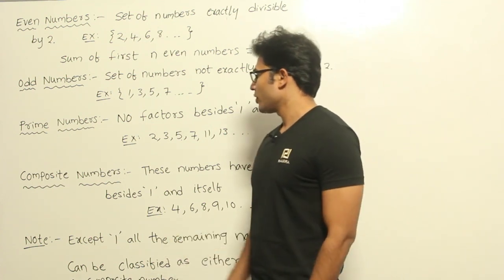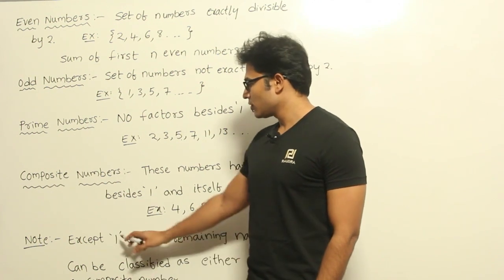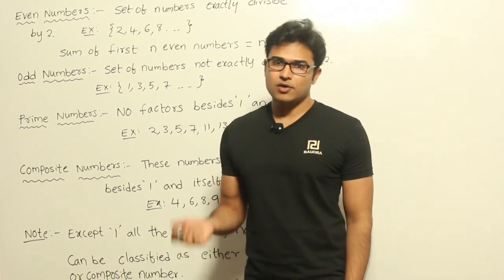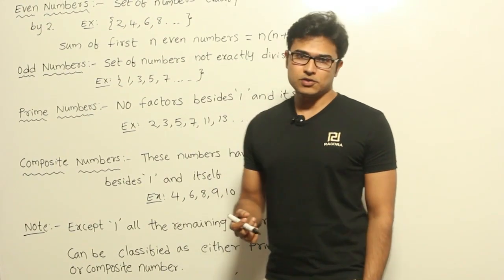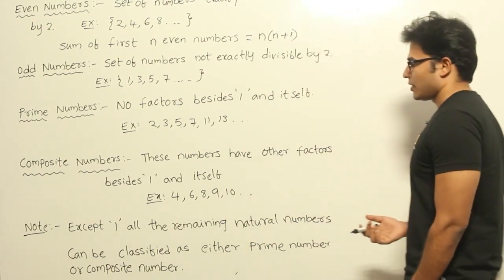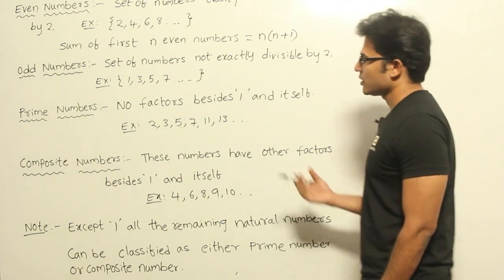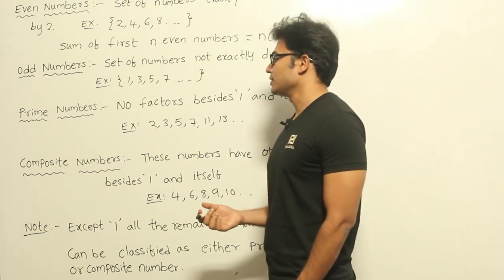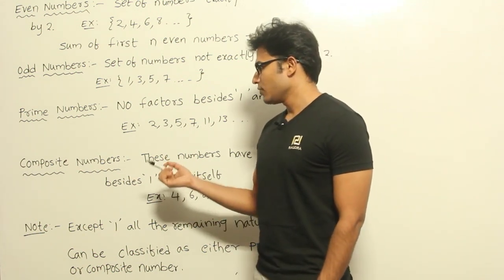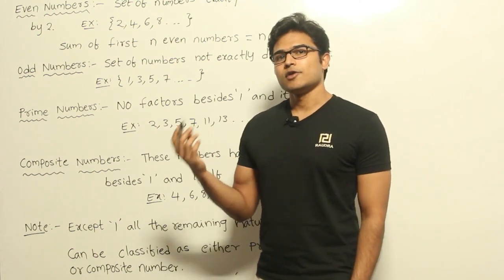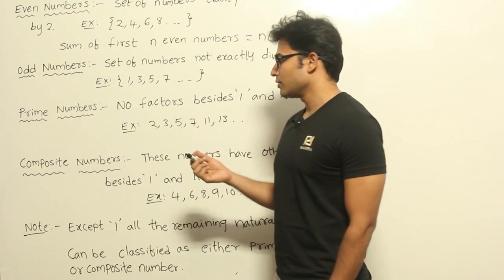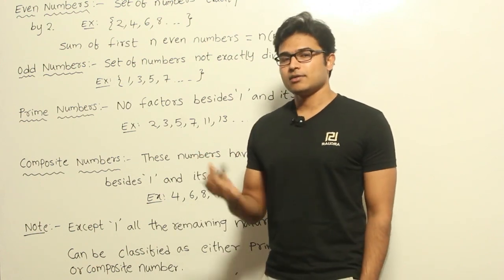And one important point here is we are not going to classify 1 as either a prime number or a composite number. Other than 1, we can classify all the remaining natural numbers as either prime numbers or composite numbers. And a few important points you can remember here: one thing is every composite number can be factored into many prime numbers.